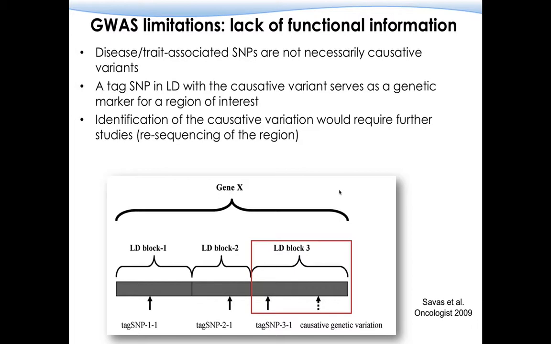For each individual tag SNP, the GWAS will look at the association between this SNP and the phenotype. If we have three tag SNPs, we will do this three times. If we have 5 million of these SNPs, we'll do this 5 million times.